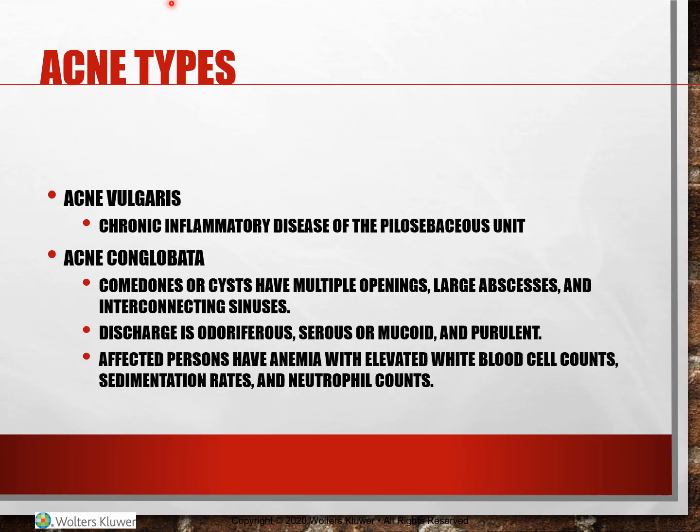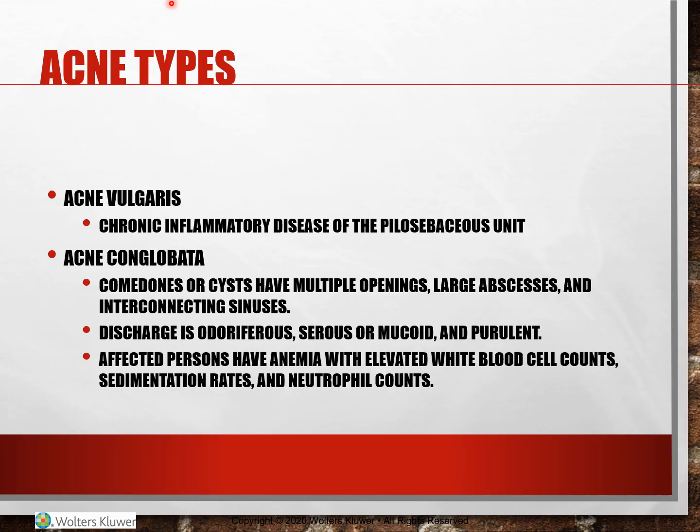Acne conglobata happens usually later than adolescence, and it's usually quite a bit more severe than acne vulgaris. It more commonly spreads to the back, the buttocks, and the chest, beyond just the face, which is usually where we see the primary lesions of acne vulgaris.